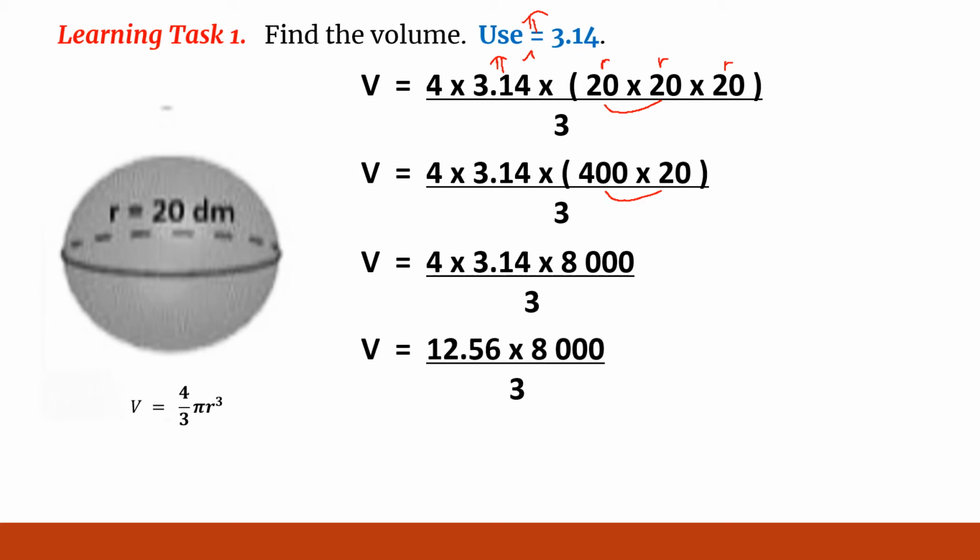We have 12.56 times 8,000 all over 3. Saan galing ang 12.56? From the product of 4 and 3.14. Next, we have 100,480 all over 3. So 100,480 is from the product of 12.56 and 8,000.